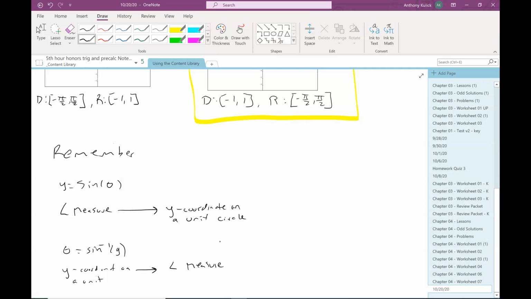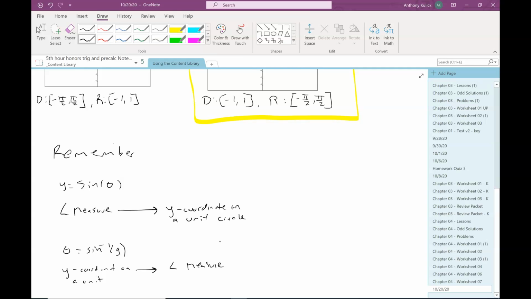We spent a little bit of time there thinking about sine graphically to kind of justify how we need to restrict the domain in order to create an inverse function. But let's talk again about what this relationship is between sine and sine inverse, because that's an important thing to keep in mind. Okay.